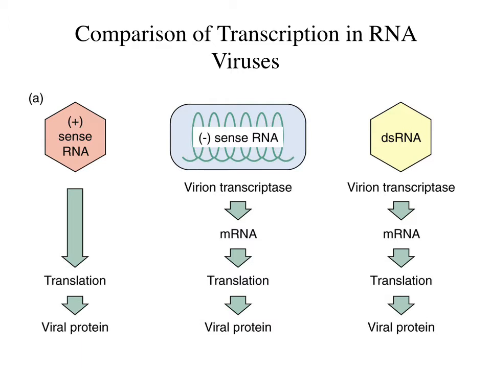So when the virion infects a host cell, it carries with it not only the genome that has all the genetic information, but also the transcriptase. And then messenger RNA will be transcribed, which can lead to translation of viral proteins. And then you can have further transcription for replication occurring once you've made more of the RDRP.